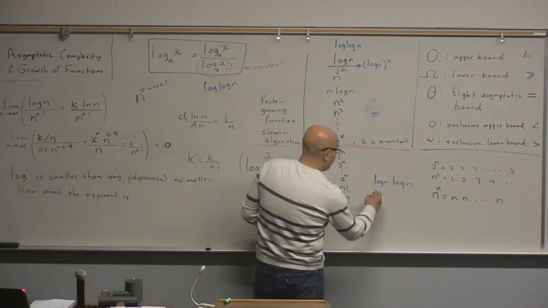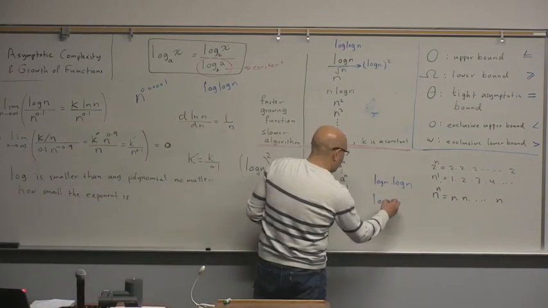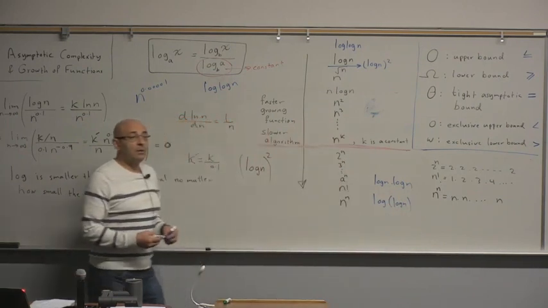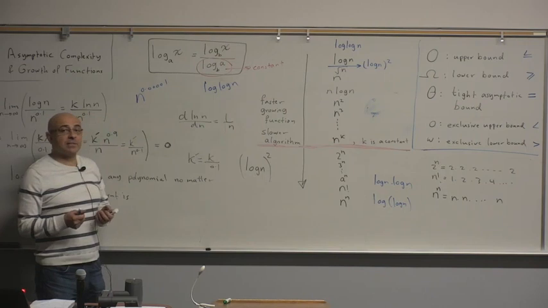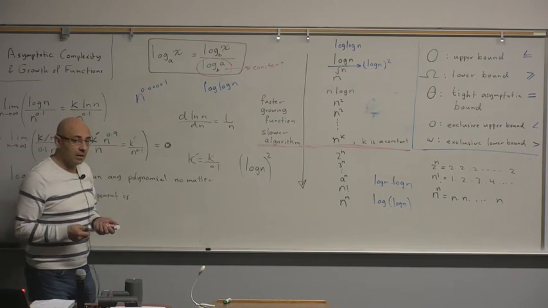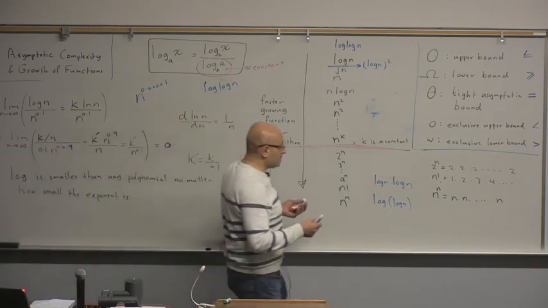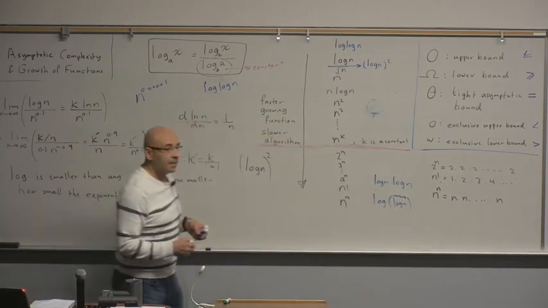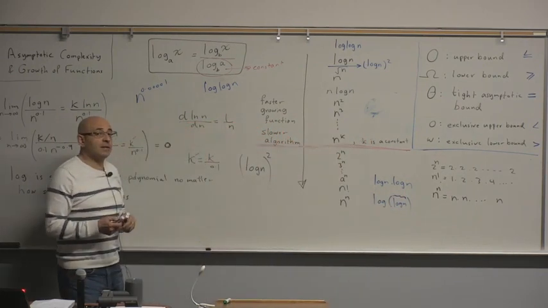But when you take the log of log n, when you take the log of something, you make it smaller. So log log n is smaller than this argument here. So when you take the log of something, you make it smaller.